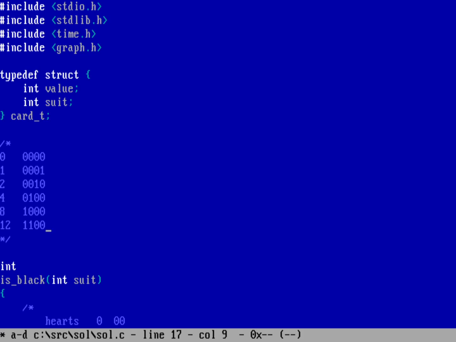If I were going to try and store the suit, well, the suit goes from 0, 1, 2, and 3. Again, 0 looks like 0, 0, and 1 is 0, 1. 2 is 1, 0, and 3 is 1, 1, right? We covered that in the last video. So to store the suit, I only need 2 bits.